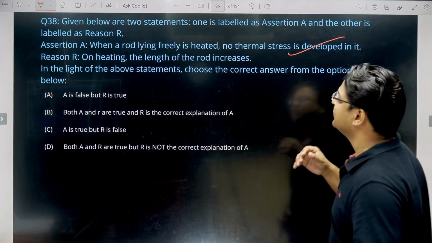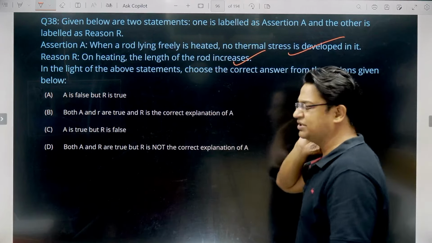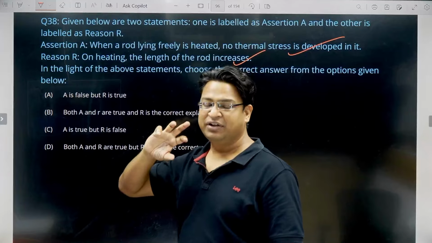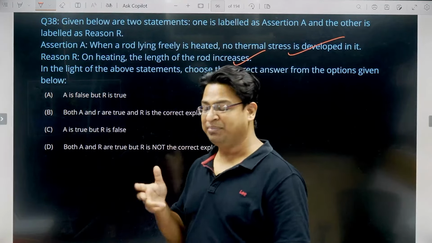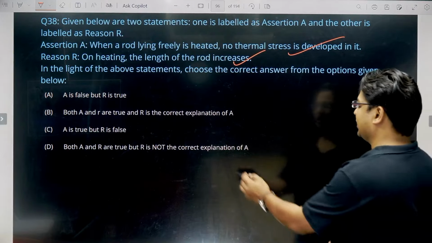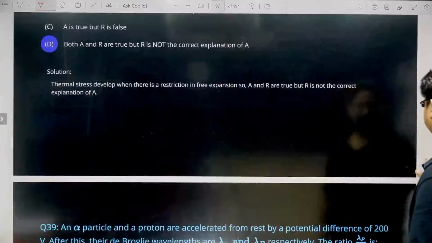No stress was developed. On heating, the length of the rod increases. Yes, that is correct, but that is not the right explanation. The right explanation would be that stresses are developed when we don't allow the rod to attain the length that it should have at that particular temperature. So both are true, but not a correct explanation. Option D is the right one.